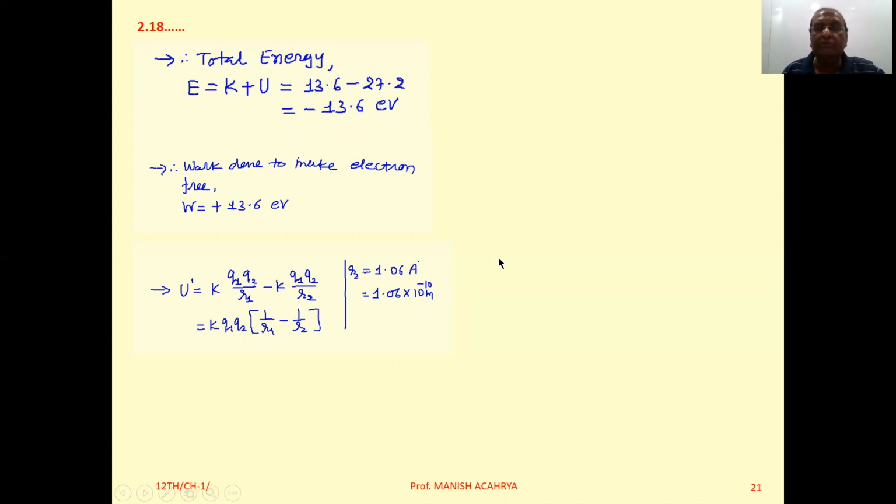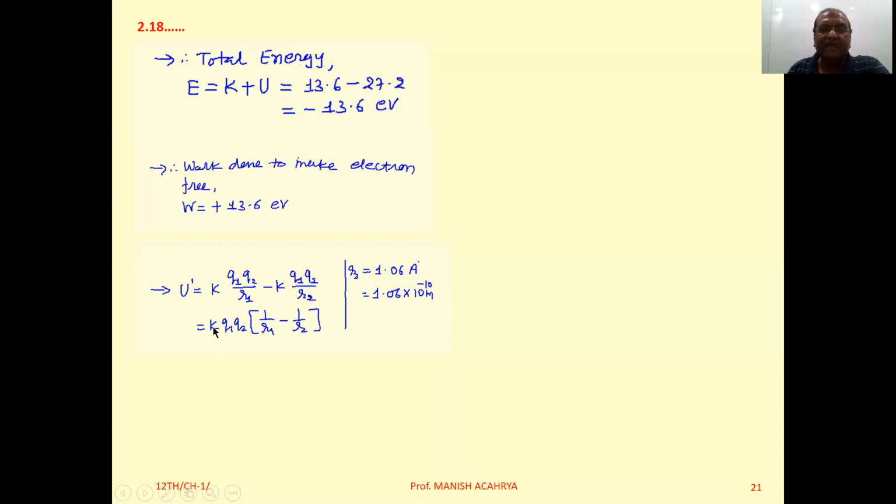And now we have to calculate the potential energy of the system, then kinetic energy, and work done to make the electron free. So now potential energy is K Q1 Q2 upon R1 minus K Q1 Q2 upon R2.